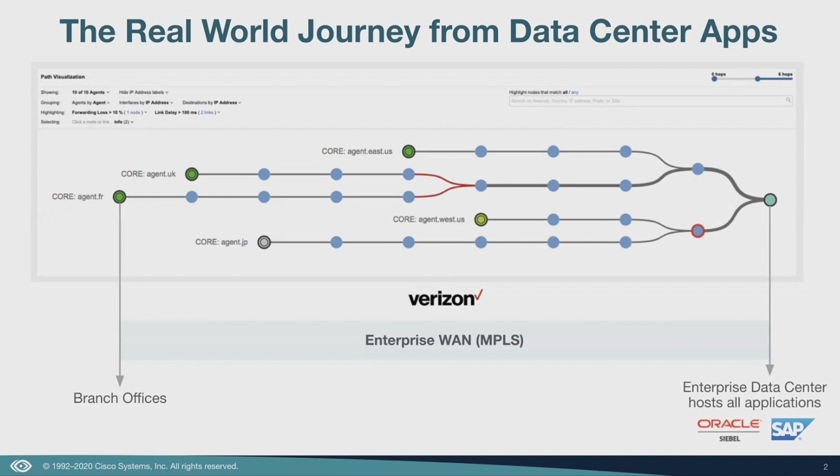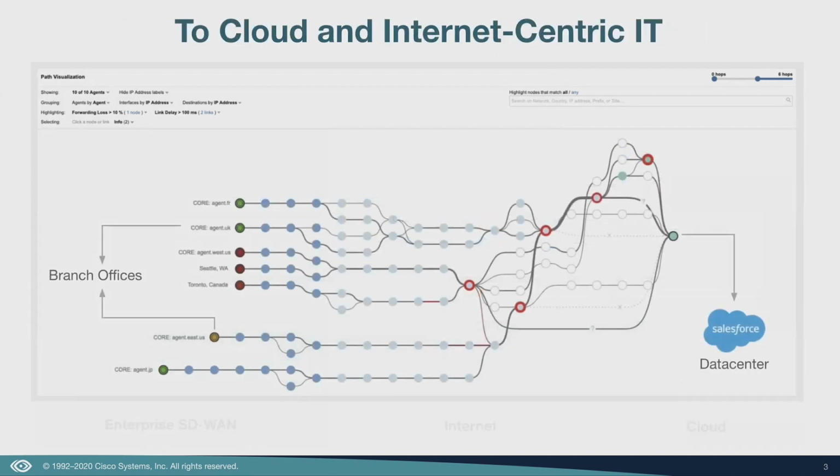And what we're seeing change a ton as these applications move to the cloud is an increase in the wider dependency across the internet and across other third-party networks that are now part of the extended network that corporate IT needs to understand, to ensure that users are getting the best possible experience of the applications.